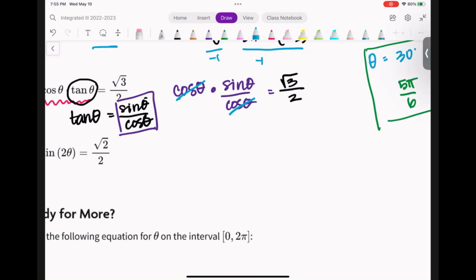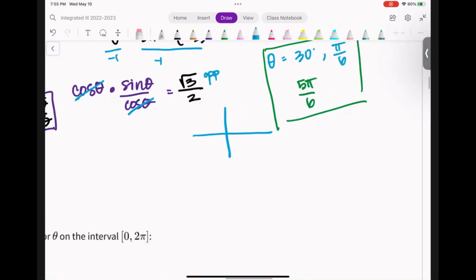Now, if you want to do this using the graph way, like I'm encouraging some of you to do, which triangle are you in? That's the first question I'm going to ask you. And you're like, I'm in the 30, 60, 90. Very good. So this guy is my opposite.